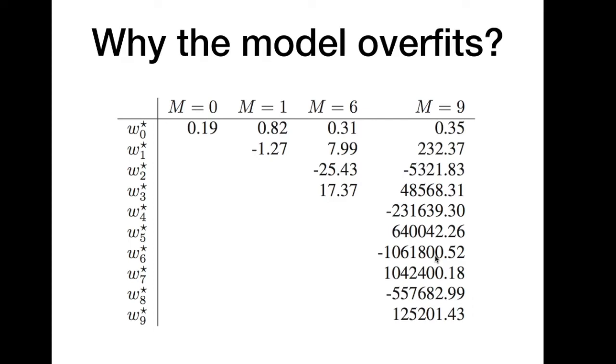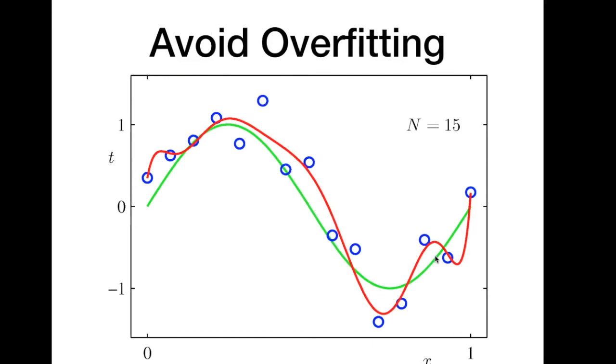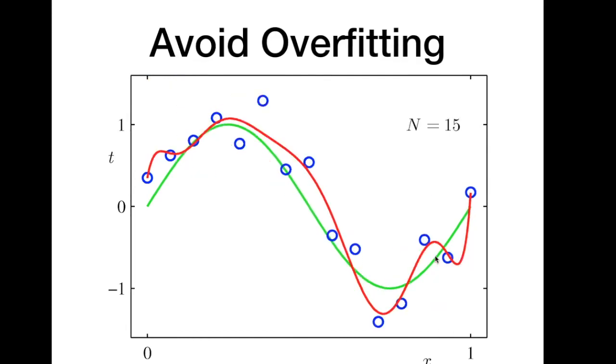So, how to avoid overfitting? There are two approaches to do this. One is to increase the number of training points, and you can see from this example that as you move on from 10 data points to n equals 15 data points for the ninth order polynomial, your error gets reduced.